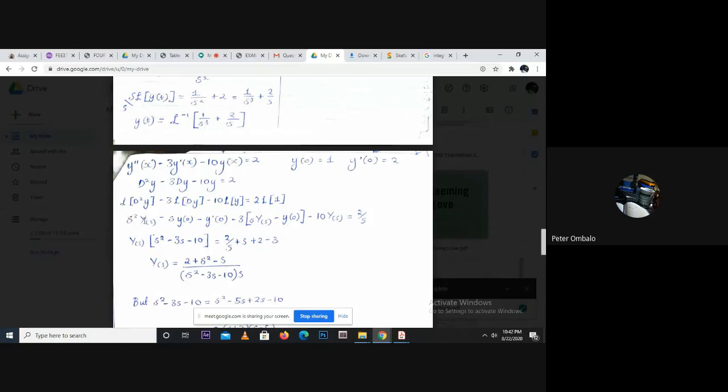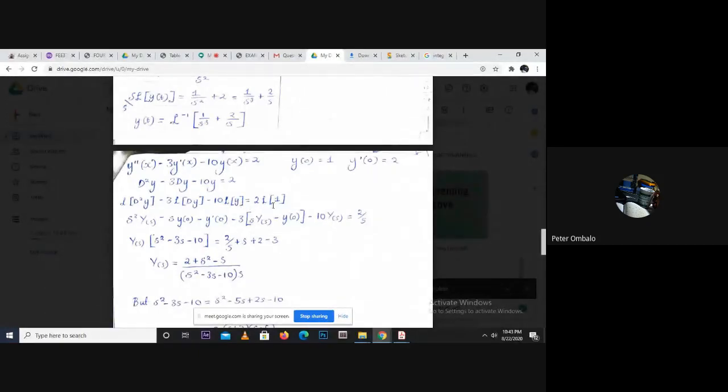So s squared Y of s, where Y of s is the Laplace transform of y, minus s times this, minus y prime at 0. And then the Laplace transform of the first derivative is this part here in square brackets. We multiply all that by 3, and then minus 10, where Y of s is the Laplace transform of y.